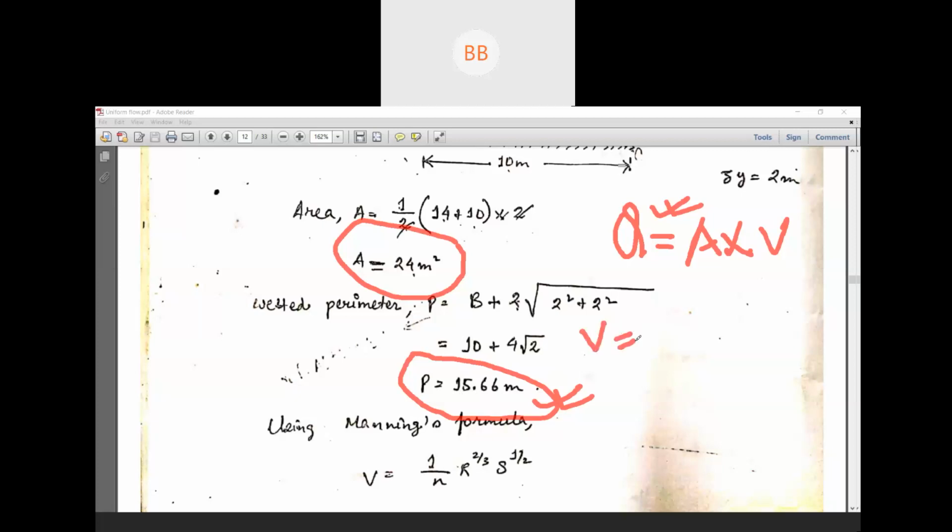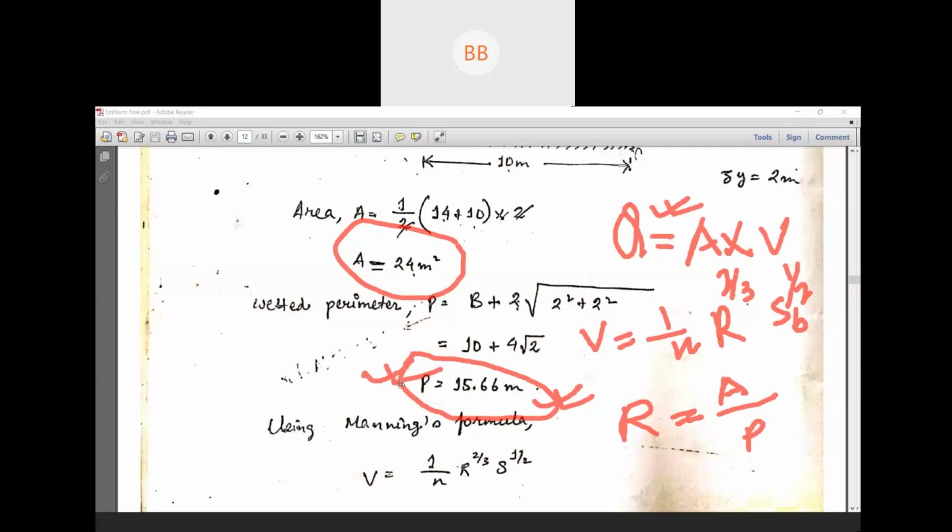Because the velocity equation is 1 by n R to the power 2 by 3 S b to the power half. In that equation, to find out velocity, we need to find out the R value. As bed slope is given, n value is given, but R we need to calculate. And R is nothing but your area by wetted perimeter. So that is why we have calculated wetted perimeter. So you find out velocity and then you calculate discharge.